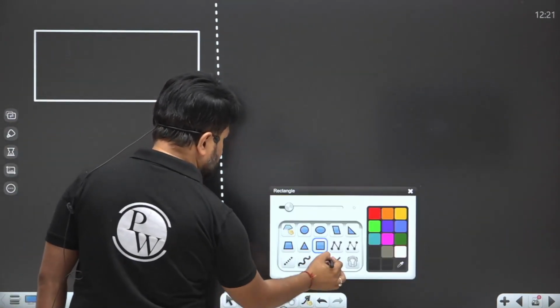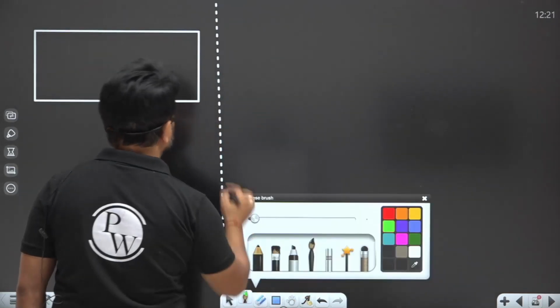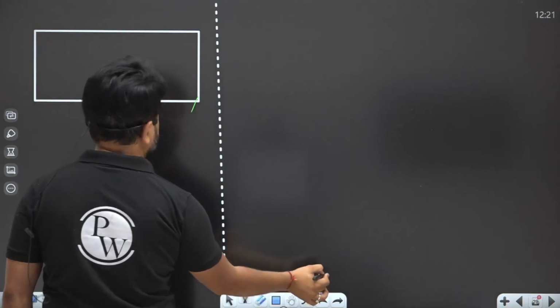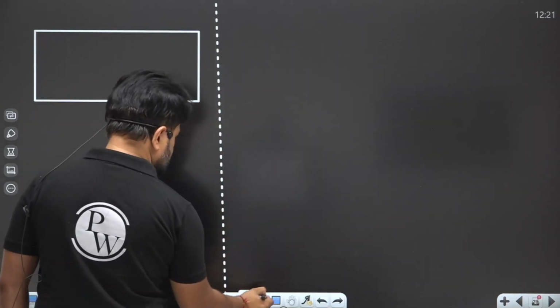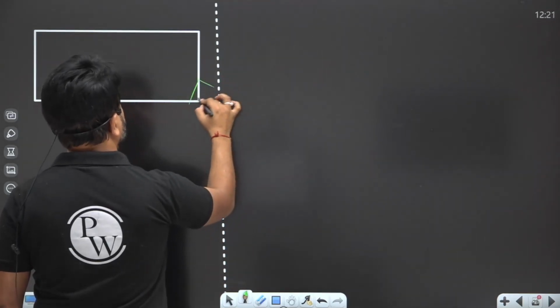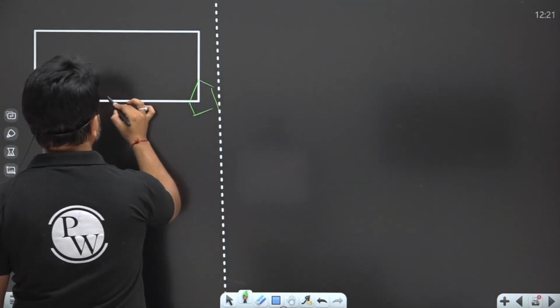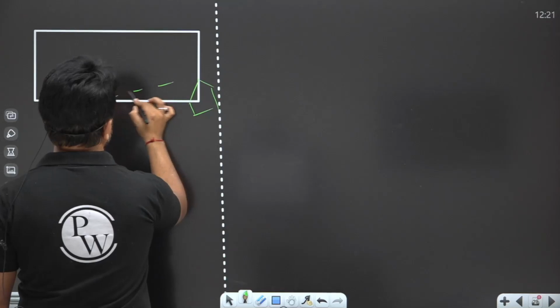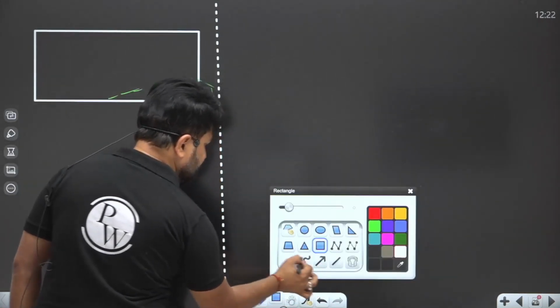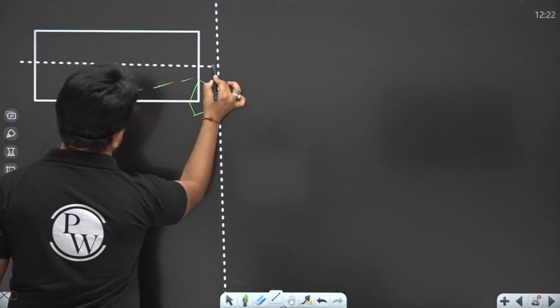Now what I am going to do here, I will take a tool. This is my tool. Now I am going to move the tool. Let's say this is the axis of rotation of the workpiece.